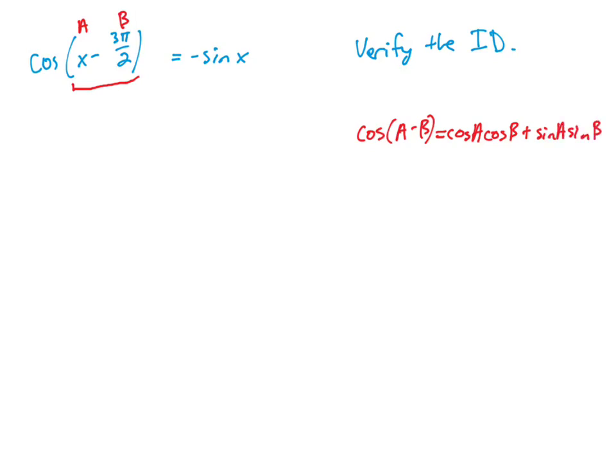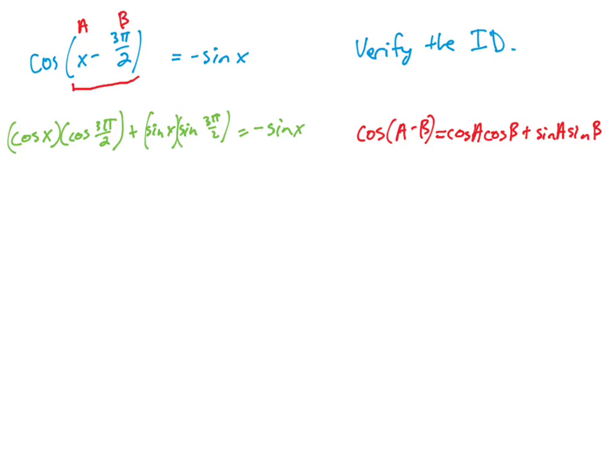Okay, so we'll expand the left-hand side here. We're going to say cosine of the first times cosine of the second. Again, don't write negative 3 pi over 2. And then because this is a difference, we will add sine of the first, sine of the second. And then that's equal to negative sine of x.